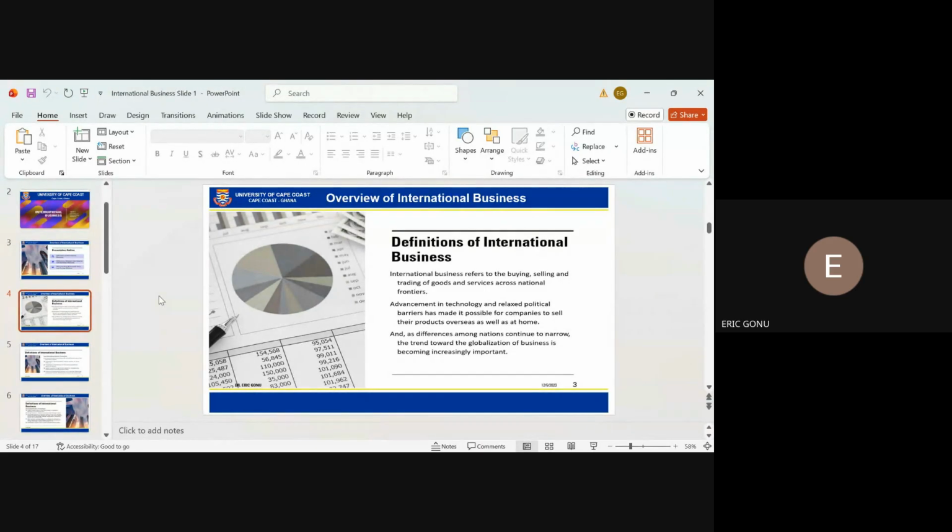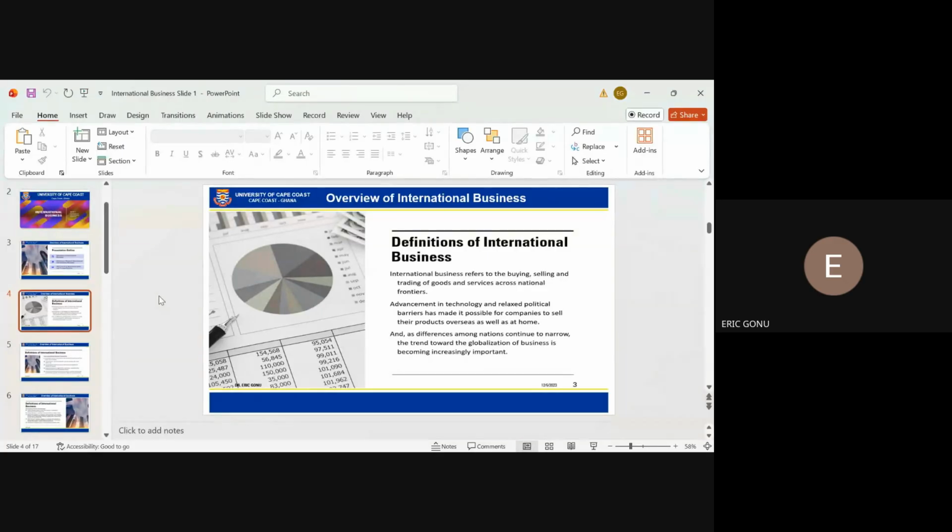If you have Emirates, Kenya Airways, South African Airways, Ethiopian Airlines, these are all companies that provide services and they cross borders. So South African Airways comes to Ghana, provides services, goes back to South Africa. So these are companies that move goods and services across frontiers and borders. And the moment a company does this, you say it involves international business activities.